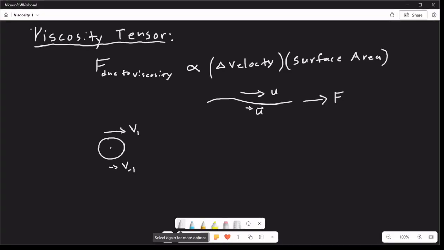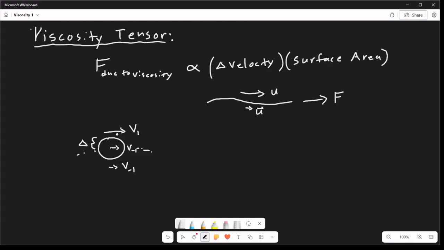There's also another velocity here, which is assumed to be the same as V-1. So this is also V-1. This would technically be the skin of the blob, so both the inside of the blob and the skin are presumably moving at about the same speed. And then it has this distance defined as delta.